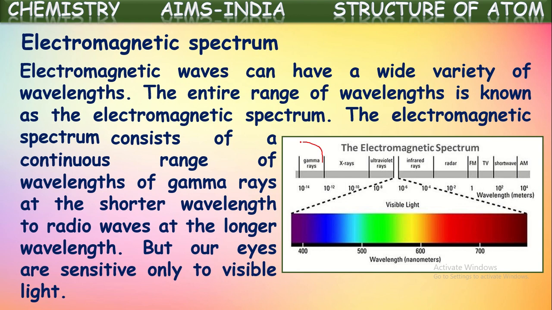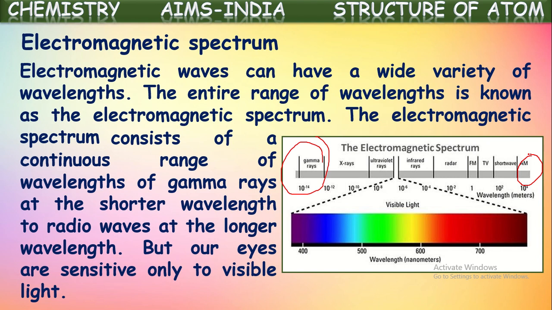First you see gamma rays, which have the shortest wavelength or greatest frequency, and at the last radio waves and TV waves. These have the lowest frequency or greatest wavelength.